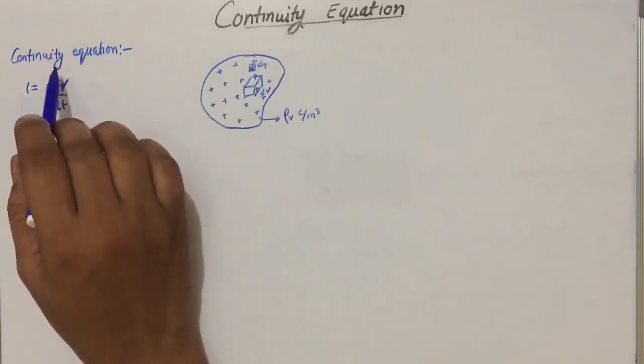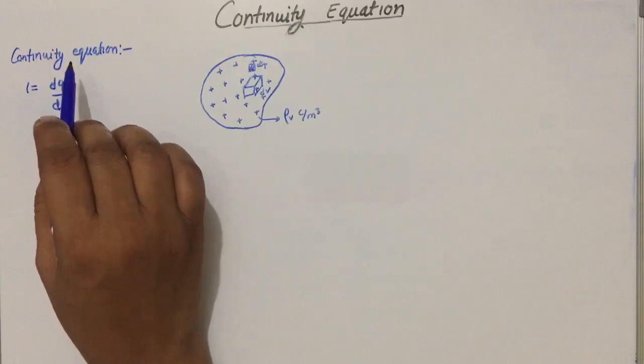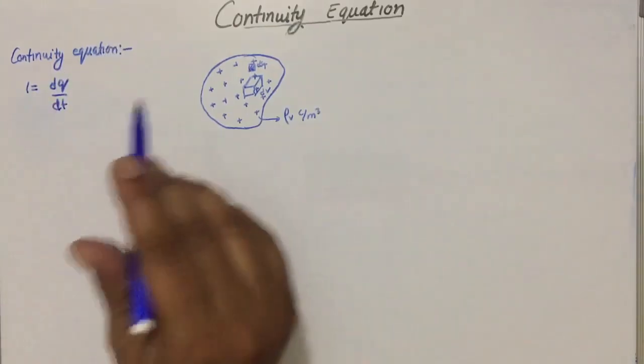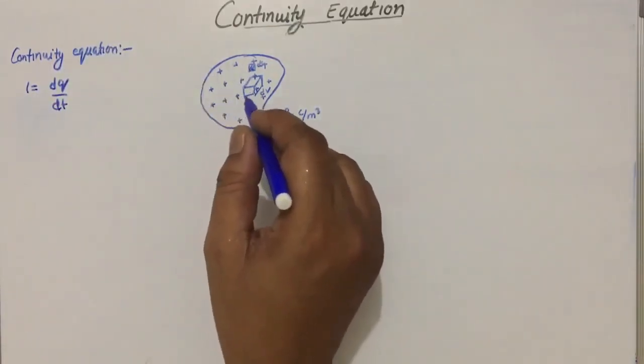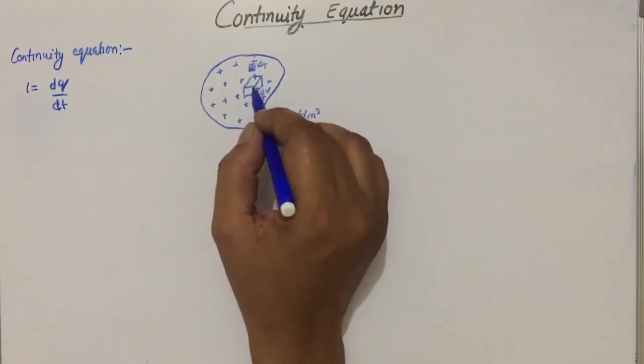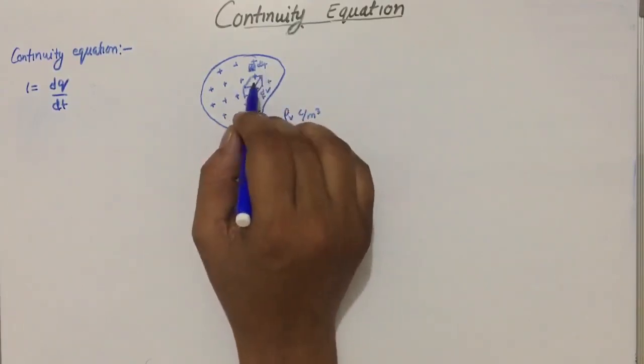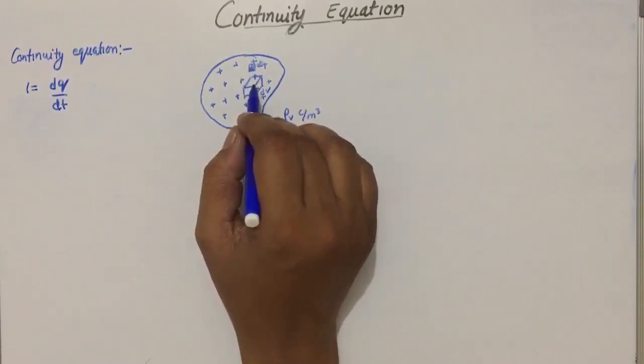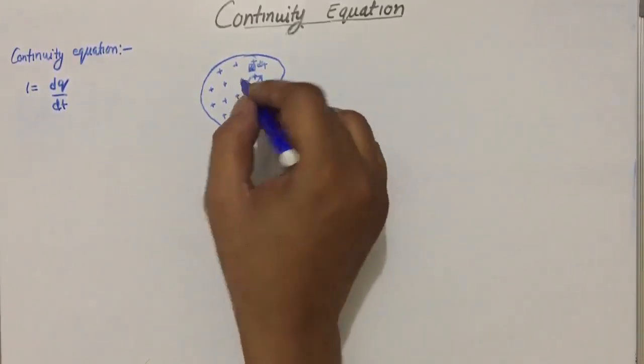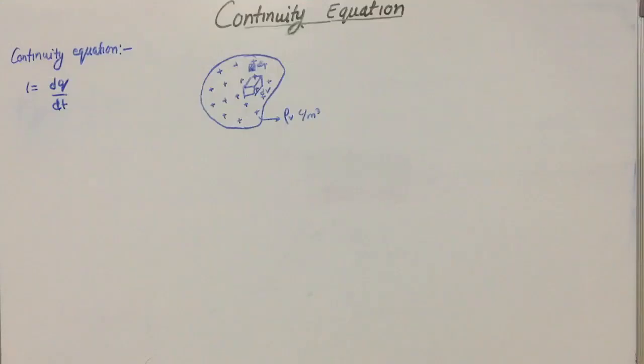if we wish to define this, then we can say that the amount of electric charge in any differential volume of a space can only change by the amount of electric current flowing into or out of the volume. Otherwise it will remain conserved.